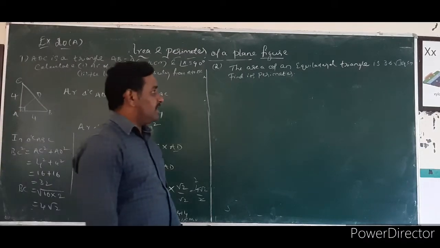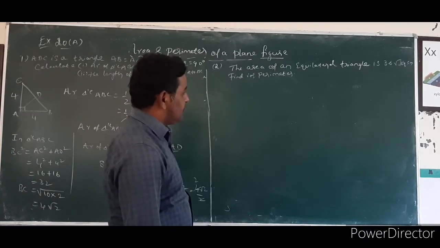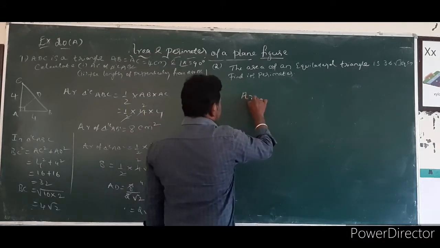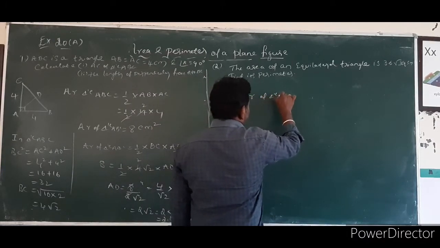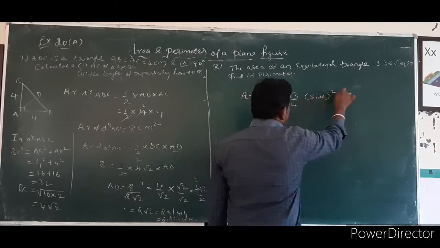So next we have an equilateral triangle. The area of an equilateral triangle is 36 root 3 square centimeter. Find its perimeter. What is the formula for the area of an equilateral triangle? Root 3 by 4 side square.